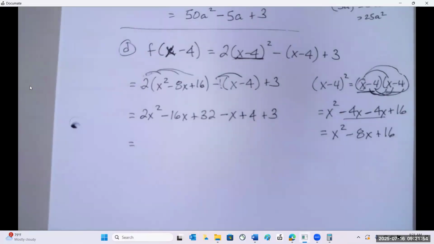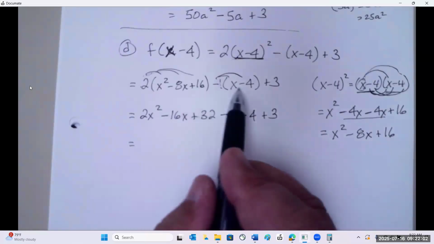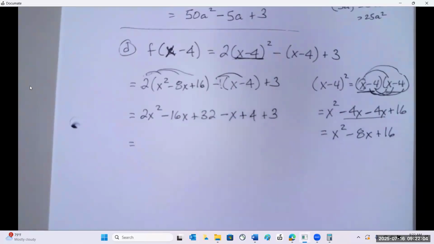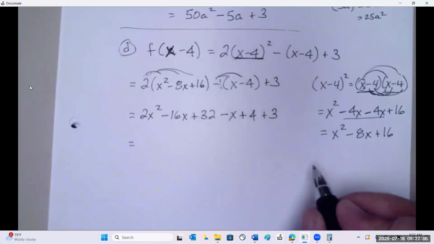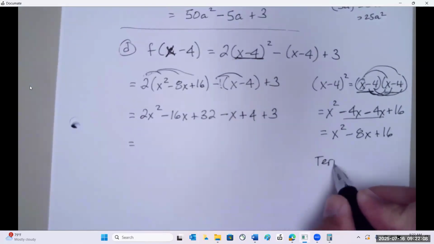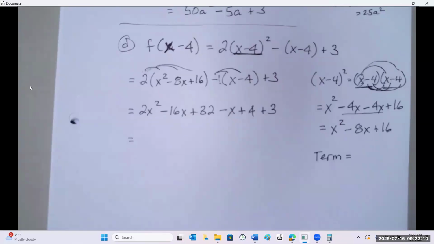Whenever you get rid of parentheses in this course, the first thing you want to do is combine like terms. We got rid of 2 sets of parentheses. So now we combine like terms. What is a term? I'm going to use the word a lot. What defines a term?